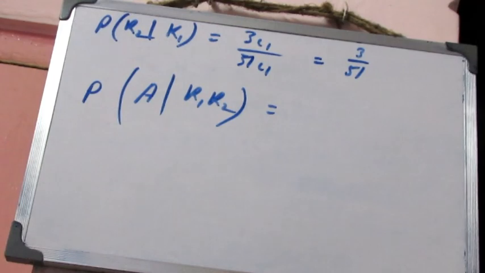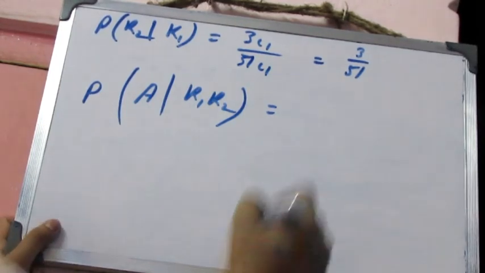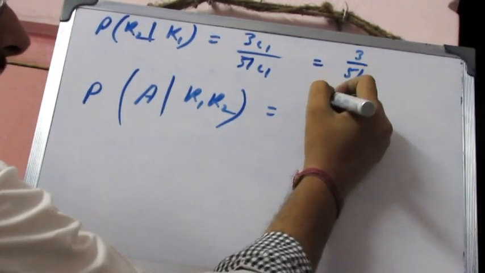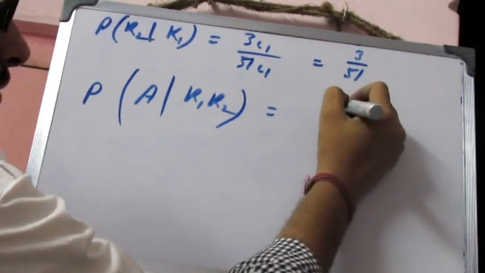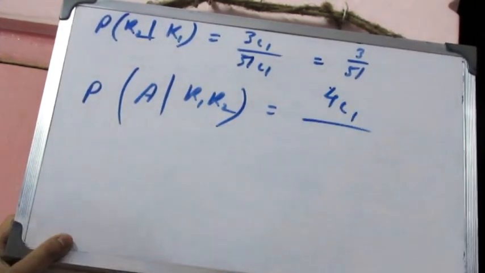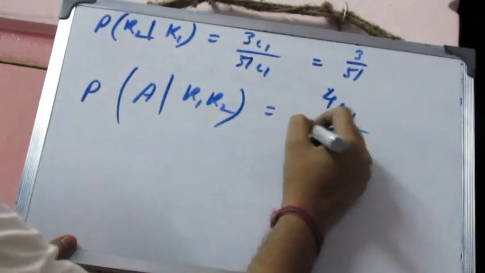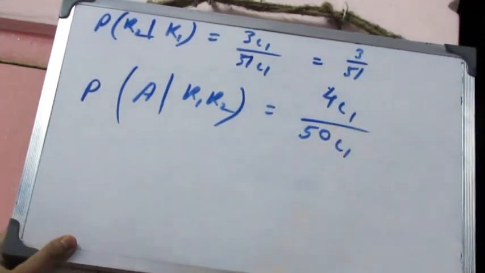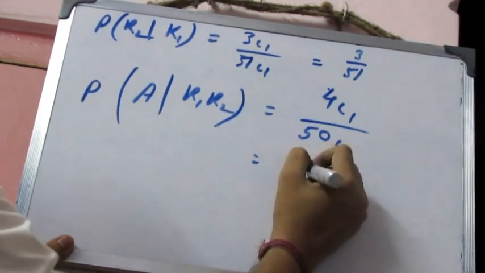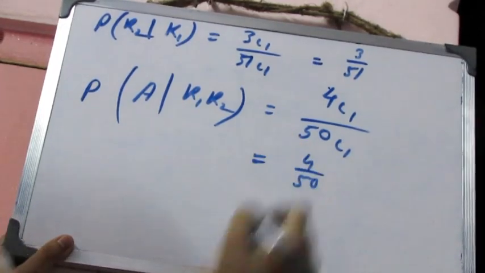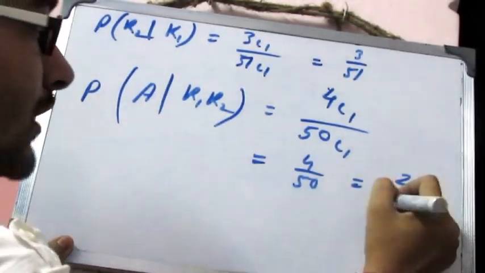There are 4 aces in the 50 cards because we have not chosen an ace before. So it will be 4C1 divided by 50C1, which is 4 by 50, and it becomes 2 by 25.